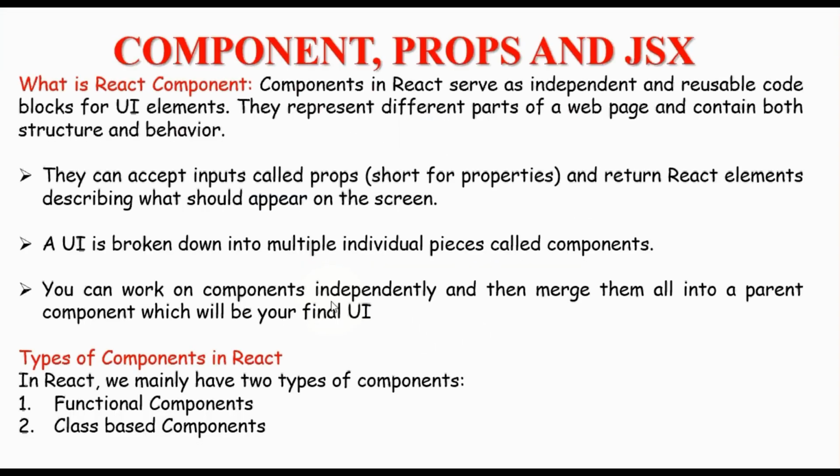But before then, there are two types of components in React. You have the functional component and the class-based component. Now React has recommended using functional components. Let us look at these two.